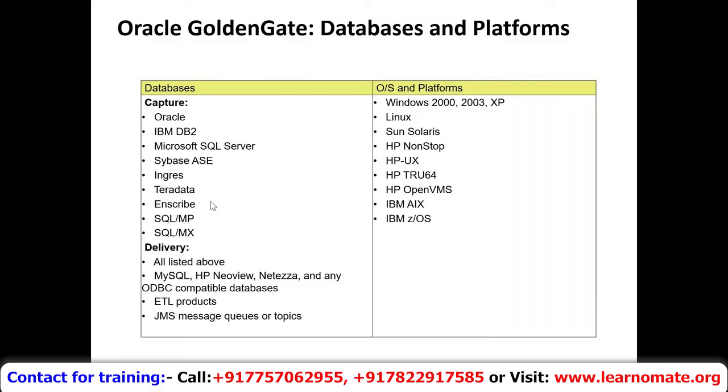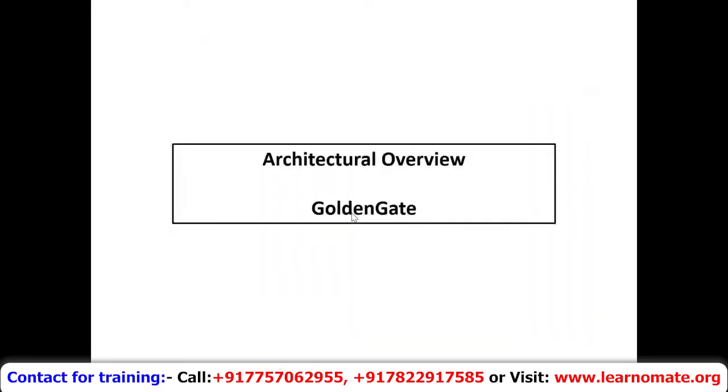Now the support is for NoSQL databases, Informix, and other databases as well. Different OS and platforms are also supported now, like Windows, Linux, Sun Solaris, HP, IBM, and different other platforms.